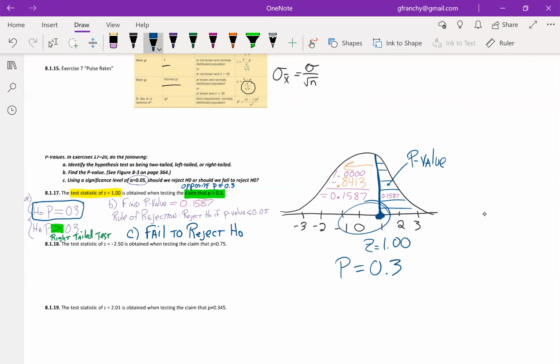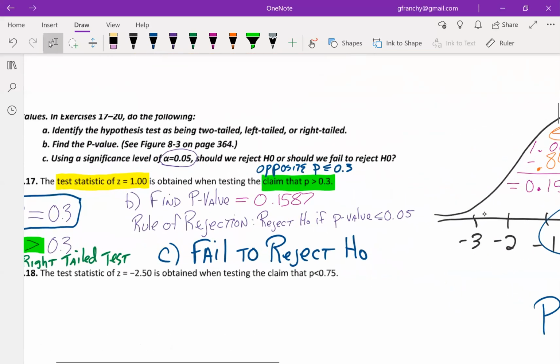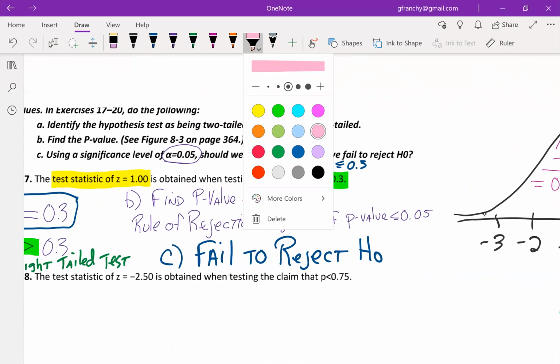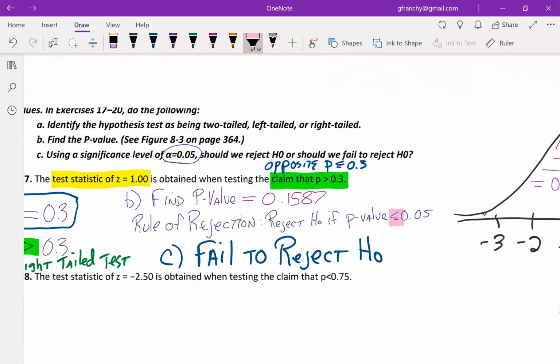What's nice about the rule of rejection for the p-value is that it is always set up this way. More importantly, the inequality in this always works in that direction.